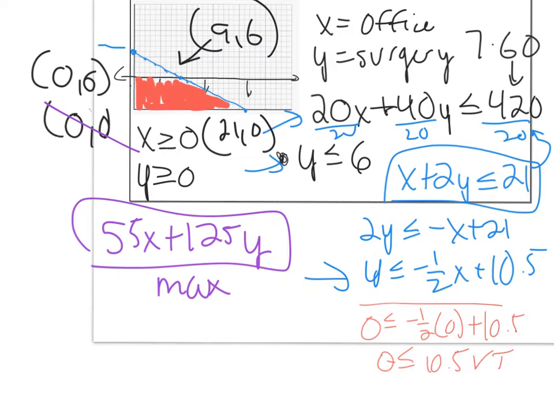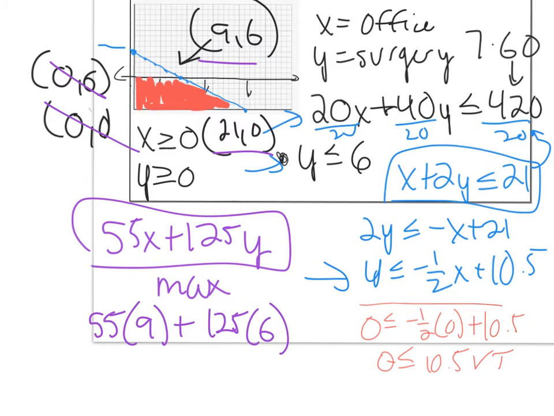21, 0, and 9, 6, and even 0, 6 I can try. Although 0, 6 is going to be eliminated because 9, 6 is obviously going to be bigger than 0, 6. So 55 times 9 plus 125 times 6, or 55 times 21 plus 125 times 0.